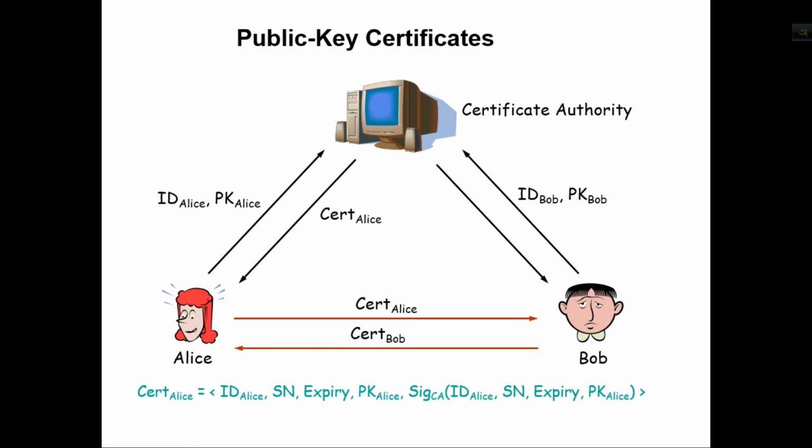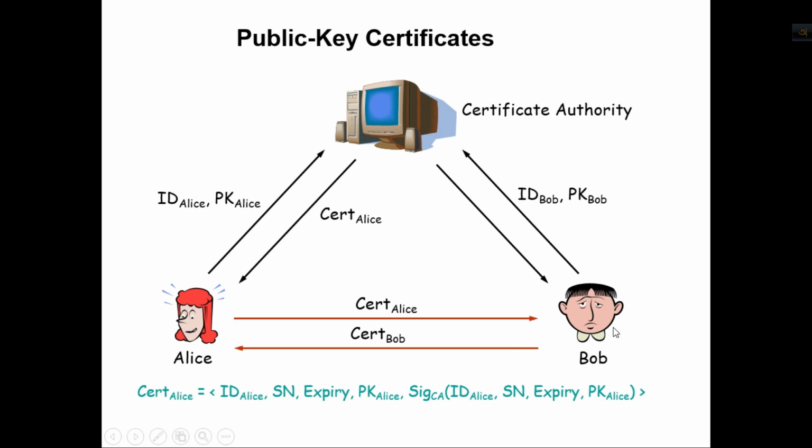Now here is a diagram of a public key certificate. Here we see Alice. Alice's ID and public key will go to the certificate authority, then the certificate authority will return the certificate of Alice.